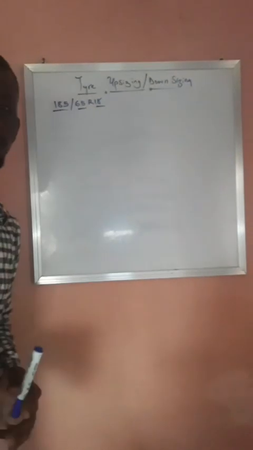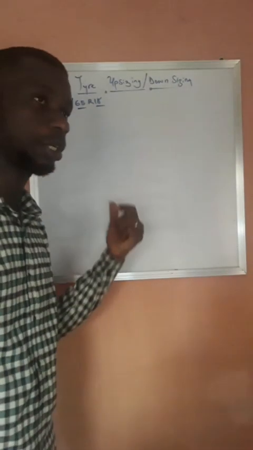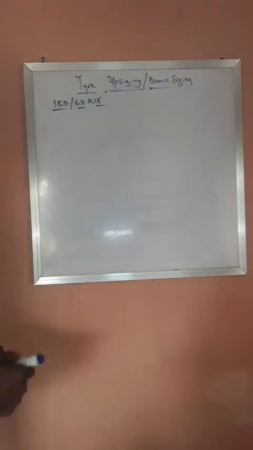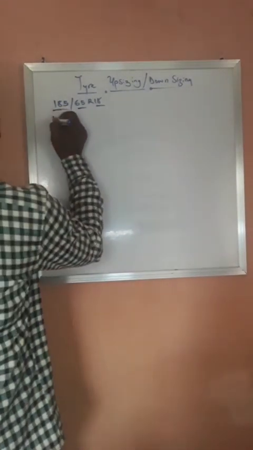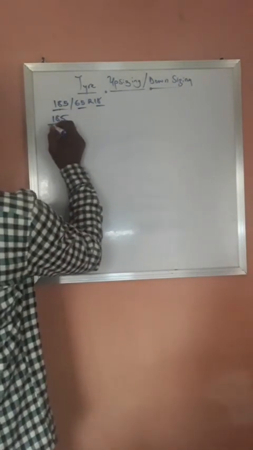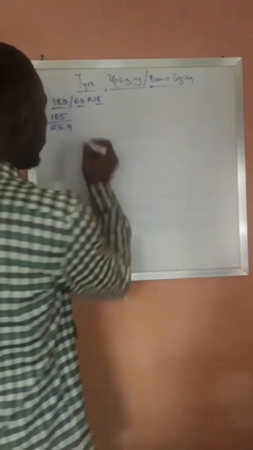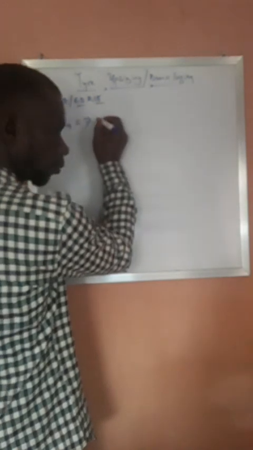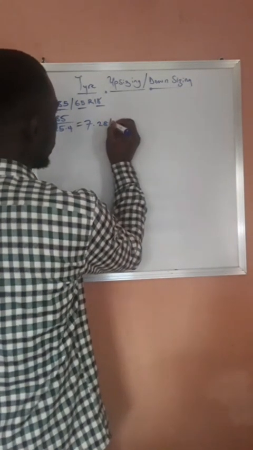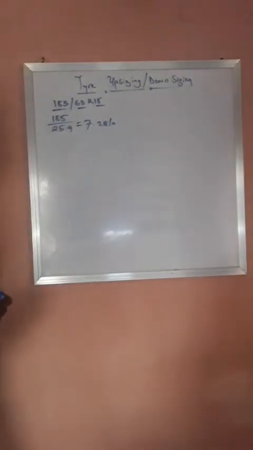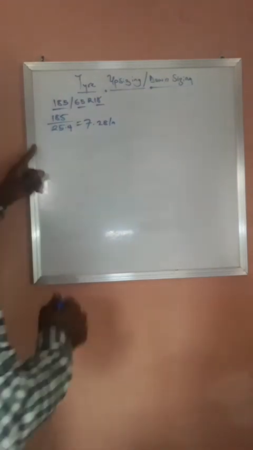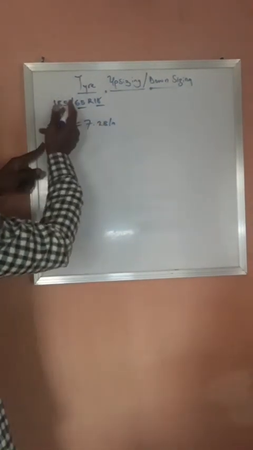Please, if you missed our video last week, you need to see it before you can follow through, because I won't be explaining the way I explained in the last video. So we have 185 divided by 25.4, we have 7.28 inches. We have to convert to inches.